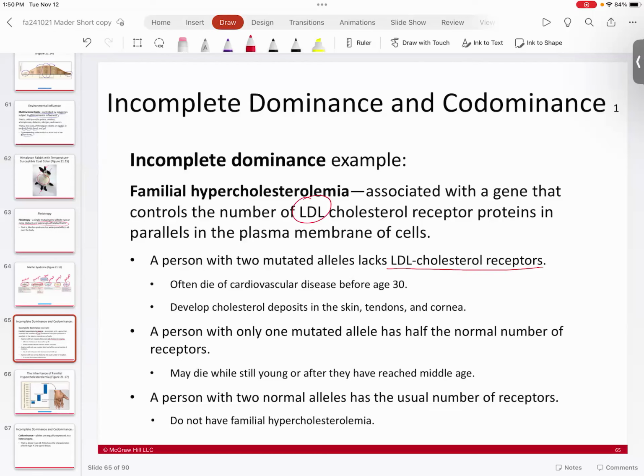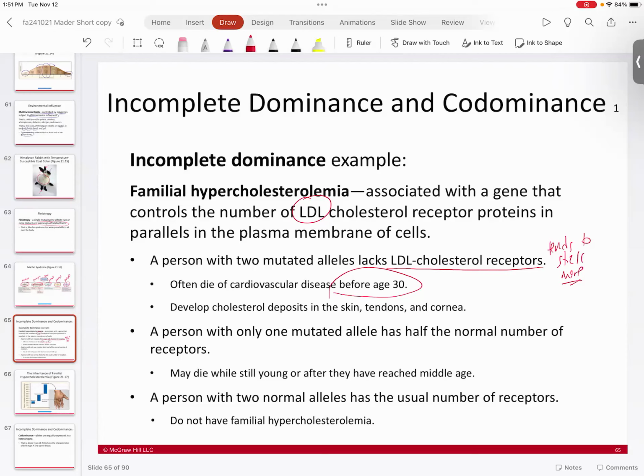And so as a result, it tends to stick in the arteries. And so oftentimes these individuals will have cardiovascular disease and they can die before the age of 30, very young. They're developing these cholesterol deposits in the skin and the tendons and the cornea. It's basically everywhere. So you don't really have an LDL cholesterol receptor to manage your lipids.